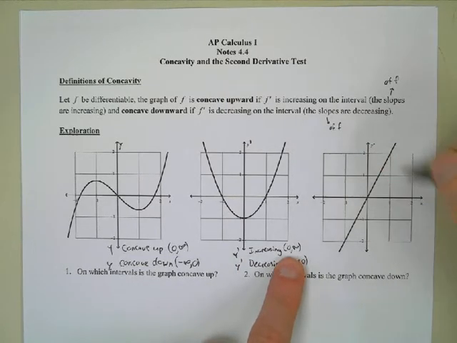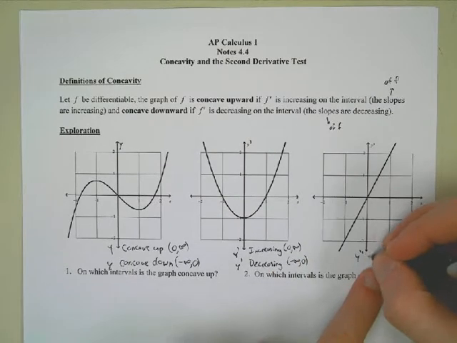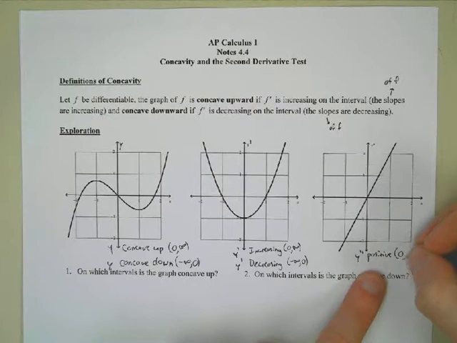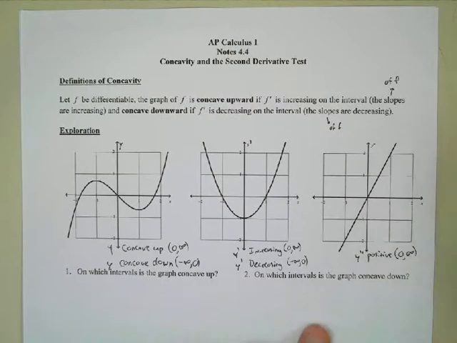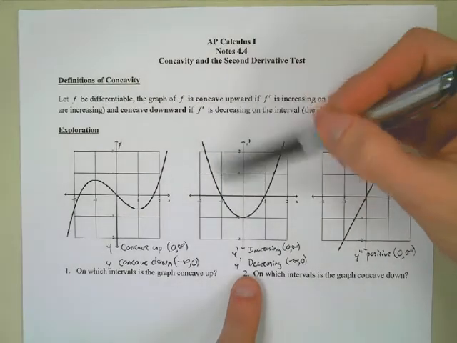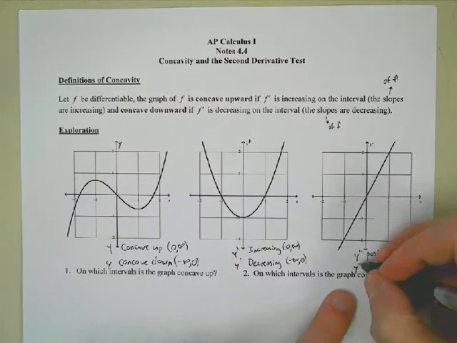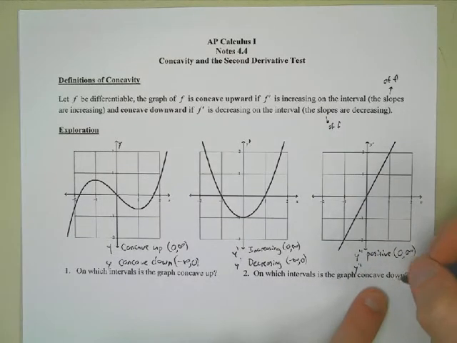The function y prime prime is positive from 0 to infinity. Likewise, here we said y prime was decreasing from negative infinity to 0. How is that showing up here? Y prime prime is what from negative infinity to 0? Negative.